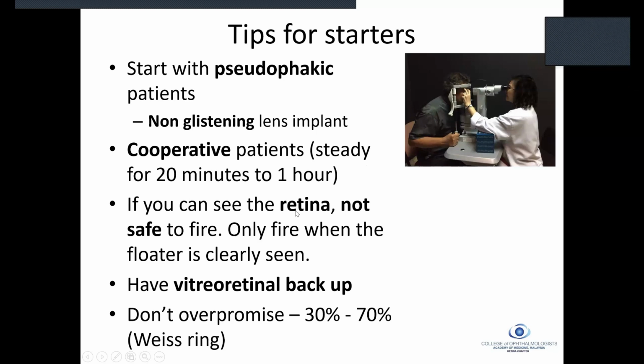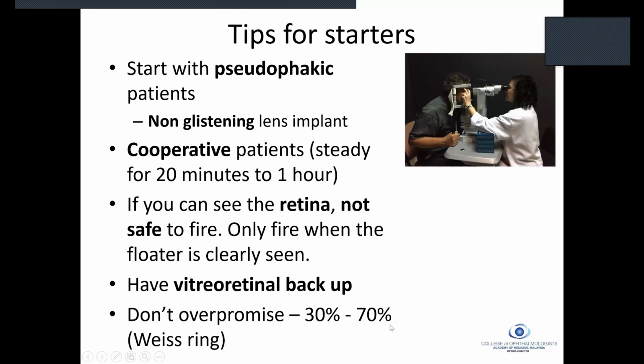If you can see the retina, then it's probably not safe to fire. You only fire the laser when the floater is clearly seen, and the YAG laser, as you may have experienced, uses an aiming beam comprising 4 dots that will actually focus to a single point. And it's good to have vitreoretinal backup in case you do run into any complications. But don't overpromise the patient, because I think in very cloudy large floaters, only 30% relief is obtained.